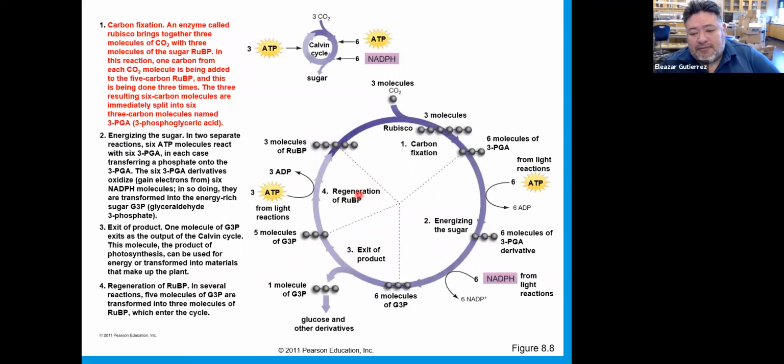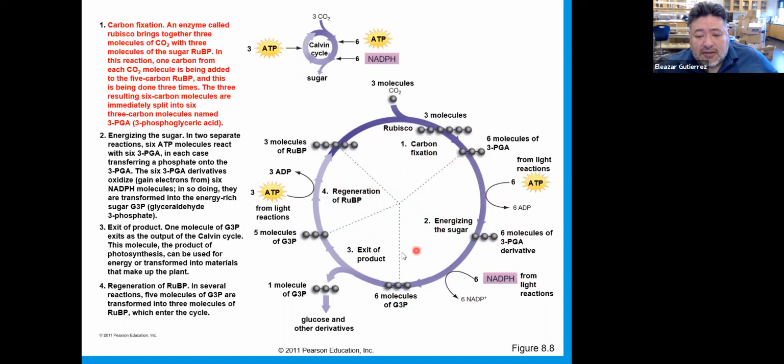And here's the big picture. There are hypothetically important aspects of the steps that you should remember, like what's called carbon fixation, where carbon goes from a gas to a solid; energizing of the sugar, which means that we're investing ATP and NADPH; exit of product, the G3P that we just produced; and then the regeneration of the ribulose bisphosphate to start the cycle again.